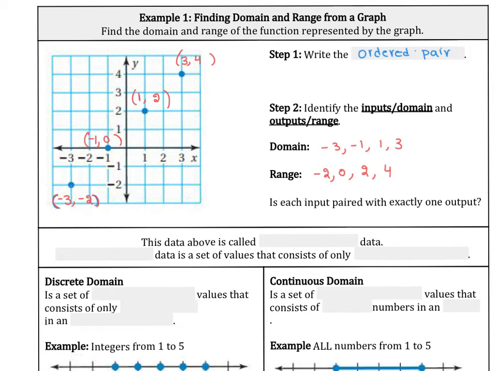It means this is going to be a function. So in other words, no input value has two different outputs. So -1 has only one output. If -1 had two outputs, then this would not be a function. So every input has exactly one output. It means this is going to be a function.